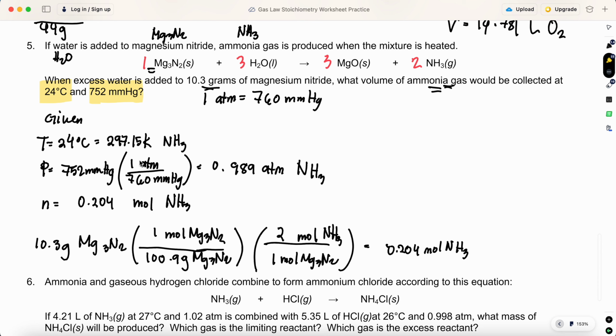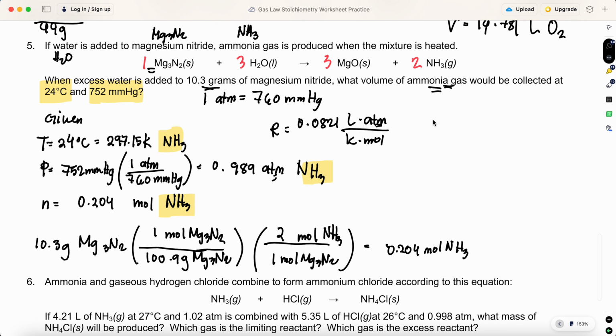So we have the temperature of NH3, we have the pressure of NH3, and the mole of NH3. Don't forget that the ideal gas constant, R, is 0.0821 L·atm/K·mole, since the pressure is in atm.